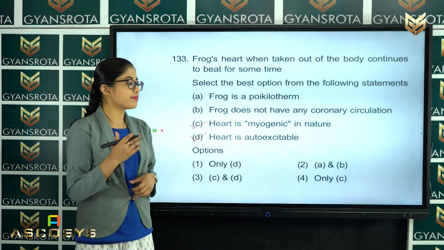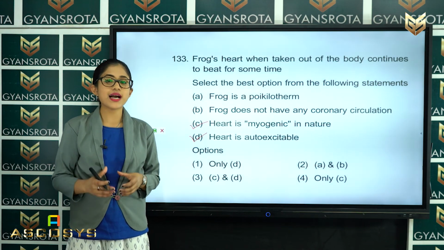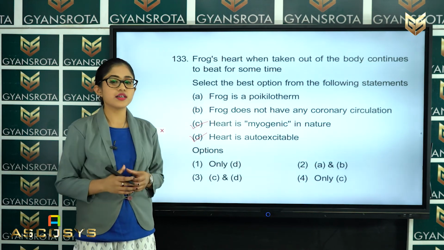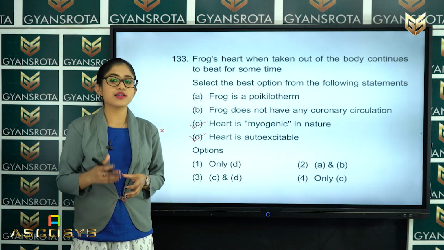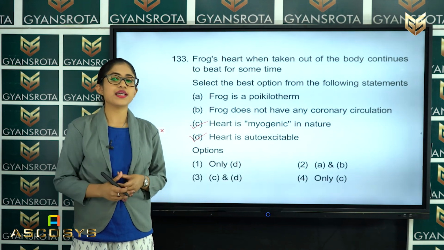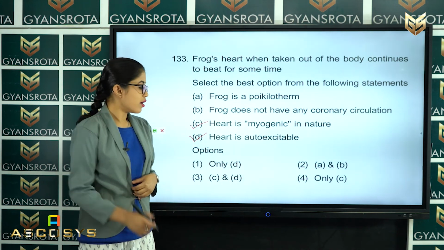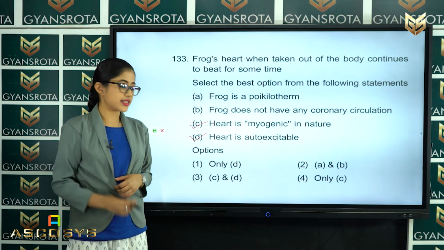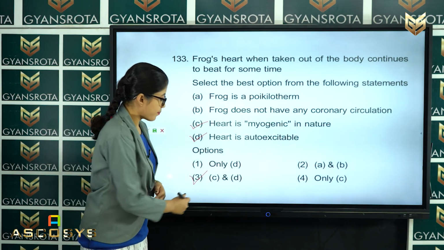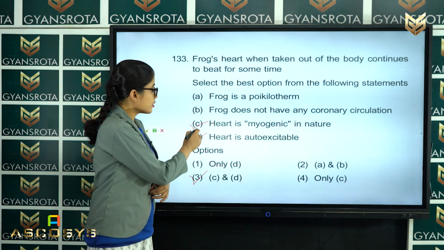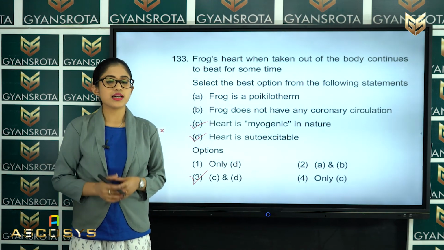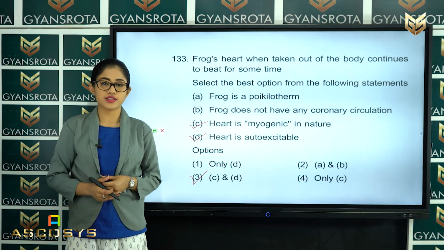Because of the autoexcitable nature of the heart, in vertebrates and also in the case of the frog's heart, when it is taken out of the body, it continues to beat for some time. So from these four options, what is the correct option? That is option number 3. Statements C and D are the correct statements for this question. Now let's move on to the next question.